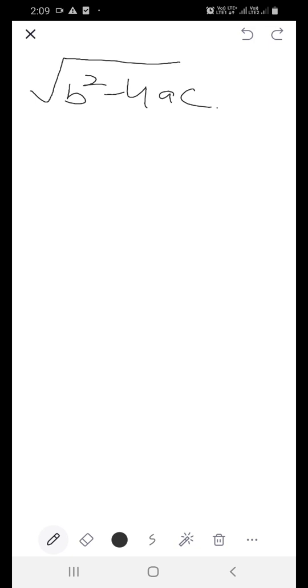Now b square minus 4ac is the discriminant. It's called discriminant. Don't take the square root sign, but only b square minus 4ac is the discriminant. Now this discriminant, which is b square minus 4ac, will tell you the nature of the root.